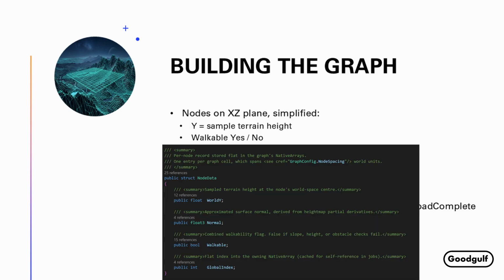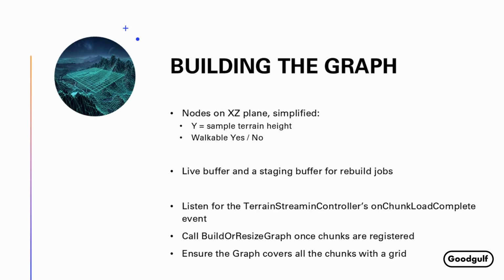Each node stores 4 things: the terrain height at that position, the approximated surface normal, a walkability flag, and its own flat index into the array. Keeping this as a blittable struct means it can live inside a native array and can be written by Burst jobs with little overhead.